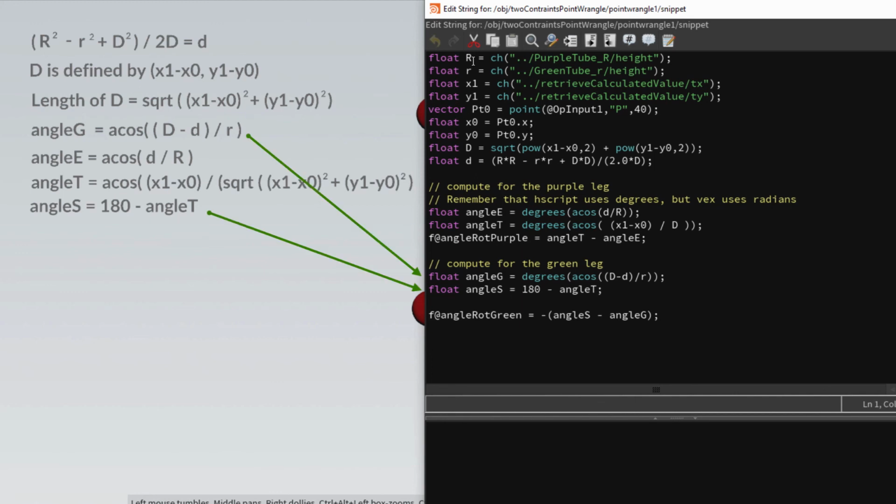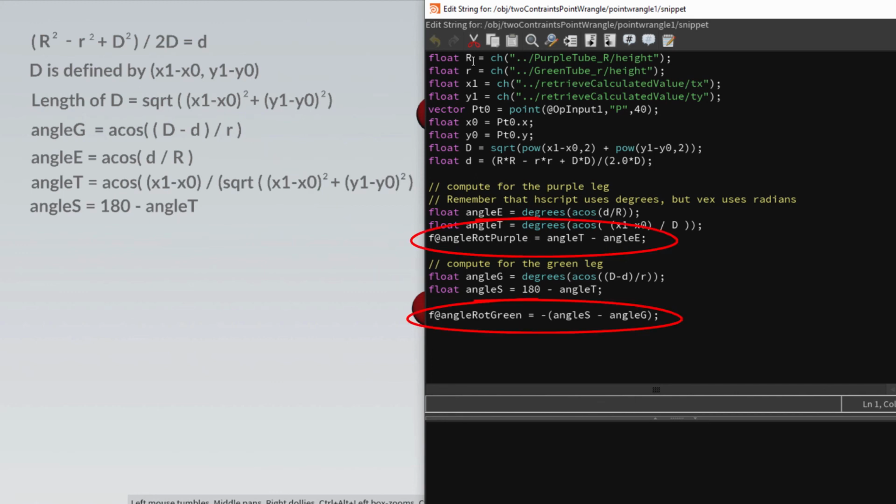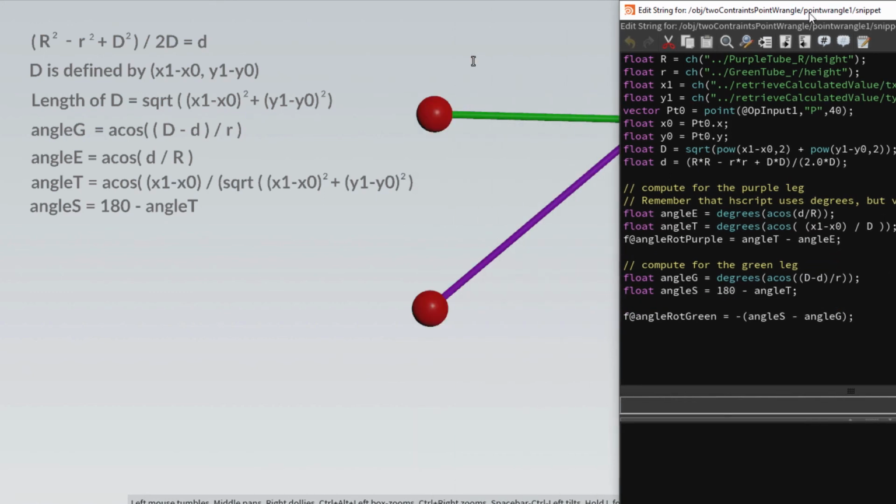And then we define a rotation angle for the purple rod and the green rod based on our calculations. The reason we're going in a negative direction for the green rod is because we are going away from the x-axis and the angles are defined as positive going this way.